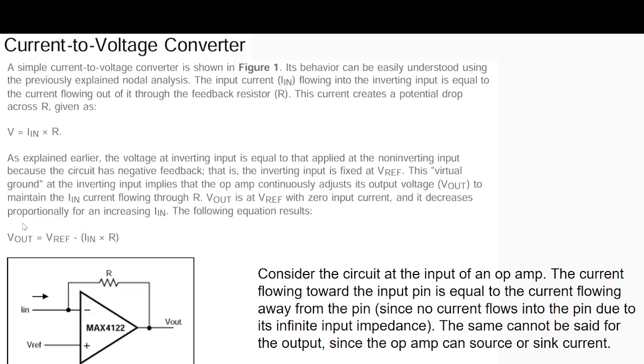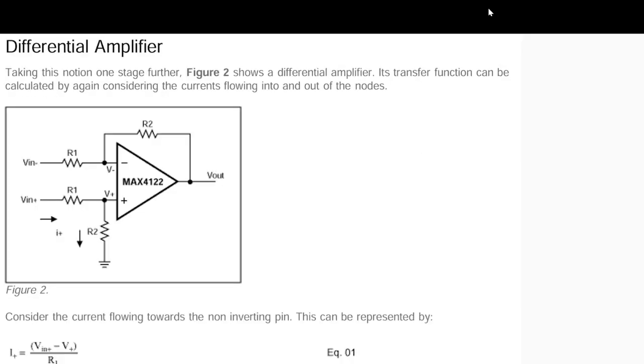I found this a good description of basic analysis using an op-amp, but we have already done all of those equations in the inverting and non-inverting sections. In this case, we are just trying to understand what happens if you are dealing with current rather than voltage at the input. Okay, so let's carry on.